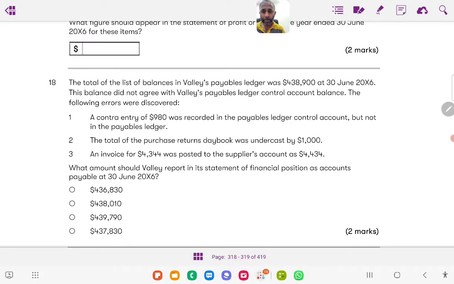Second one, the total of the purchase returns day book was undercast by 1,000. Now the purchase returns will reflect in the control account. This will not necessarily have an impact on the list of balances, because it's the total, not an individual line item, so we should adjust the control account only.